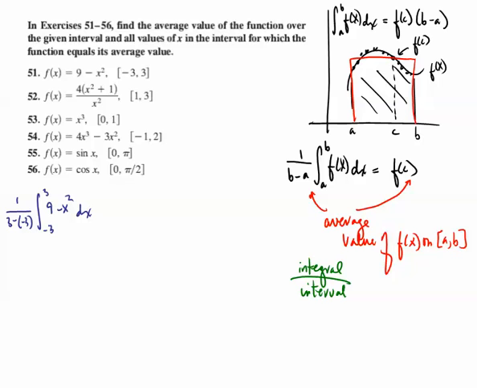And we'll see it's not really anything much different. We're just taking the integral and dividing it by the width of the interval to get what we call the average value of the function that's graphed there.